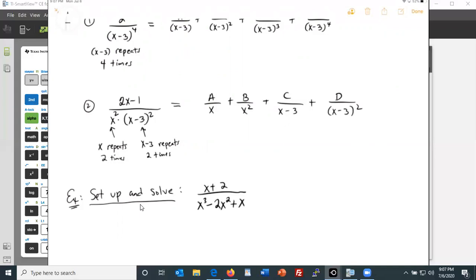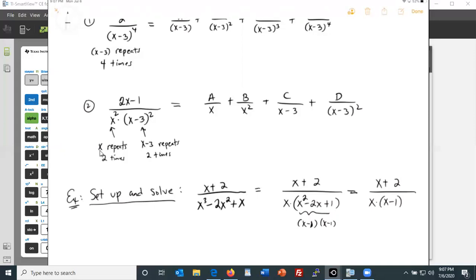Well, first thing you have to do is factor this. Remember, the decomposition is based on the factors of the denominator, so it must be factored. So in the denominator, we would get a common factor of x times (x squared - 2x + 1), which can factor even further in the parentheses as x times (x - 1)(x - 1). So you get x times (x - 1) squared.